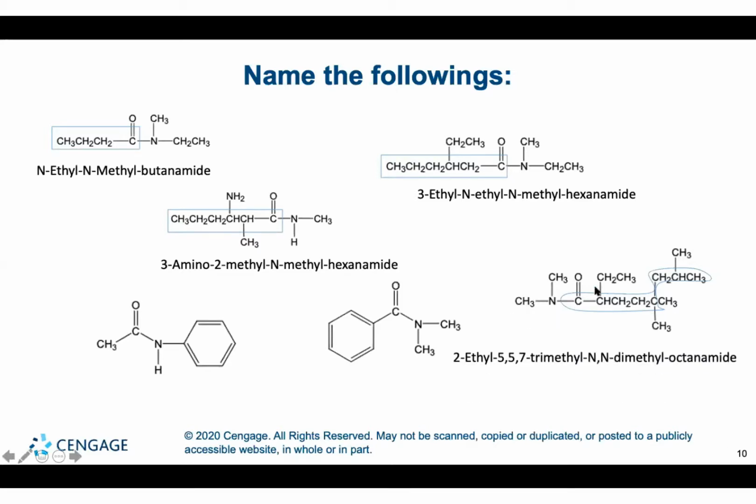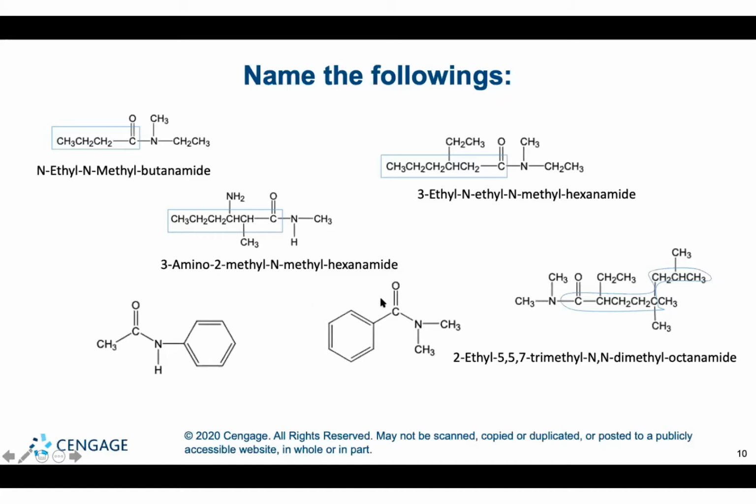It's going to be on carbon 2 an ethyl group, 2-ethyl, then 5, 7 trimethyl, N,N-dimethyl octanamide. We write them down, guys, alphabetically. The branches should be written down alphabetically.